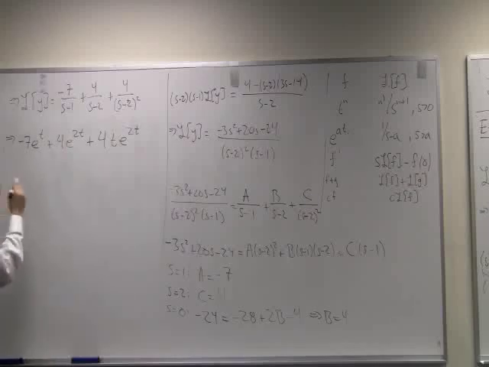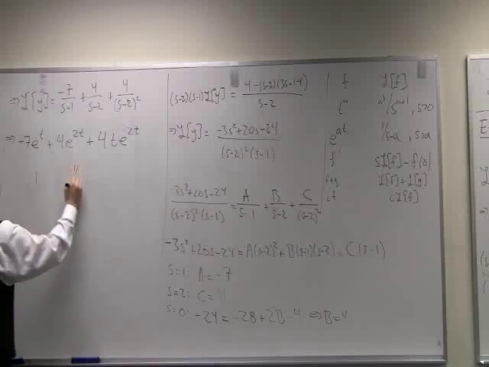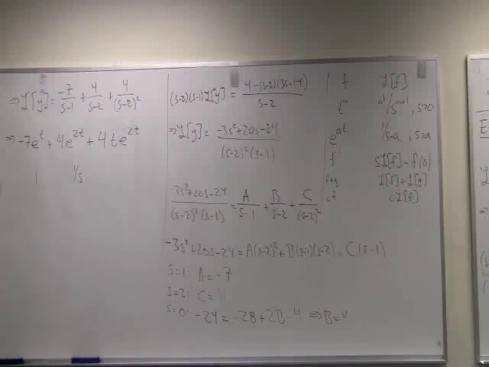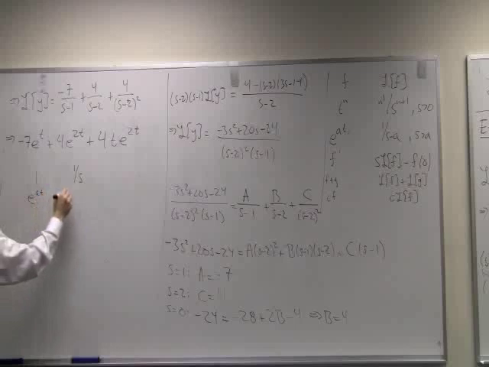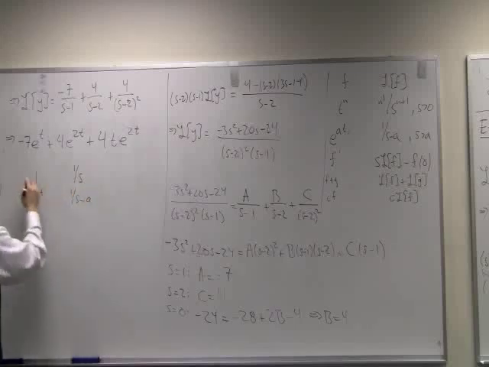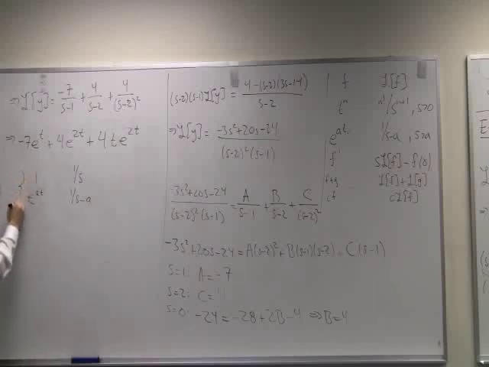Okay, so if you take 1, the Laplace transform is 1 over s. If you take e to the at, you get 1 over s minus a. Okay, that's the first one I wanted to give you.